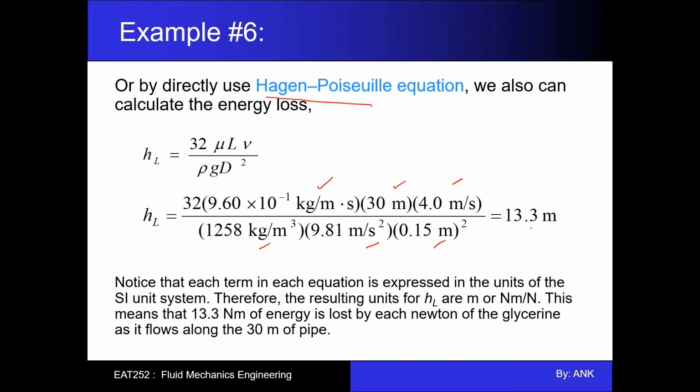So when we calculate the energy loss using the Hagen equation, we get 13.3 meter. So from this value, we know that about 13.3 Newton meter of energy is lost by each Newton of the glycerin as it flows along the 30 meter of pipe.